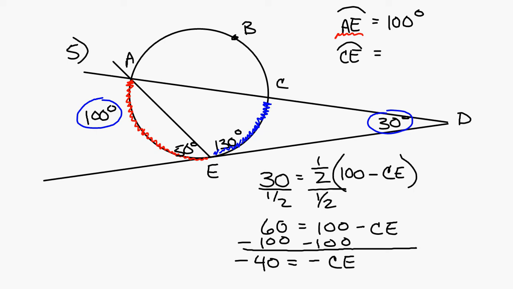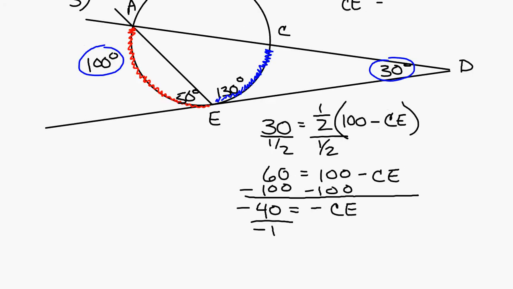And then you can divide both sides by -1. And 40 equals CE. So arc CE on this problem, 40 degrees.